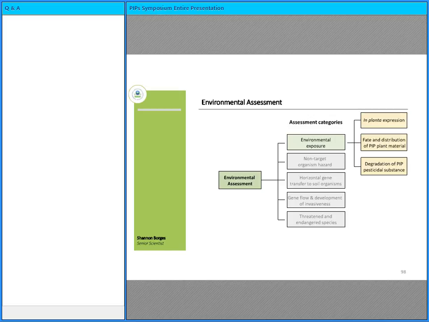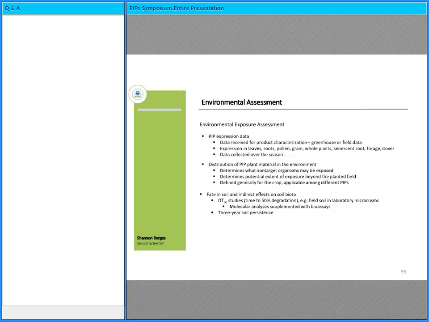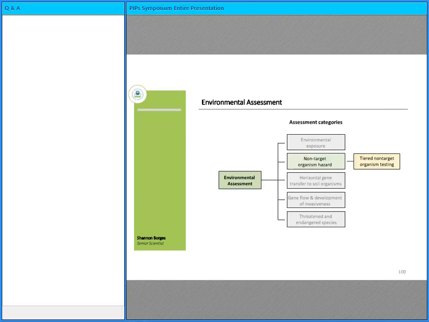And also the degradation of the PIP pesticidal substance in the environment. Of these, we typically require a data submission for the expression and also the degradation within the environment. Generally, the fate and distribution of the PIP plant material is something that we determine on our own, but we may ask for some data. I have some more information here on those.